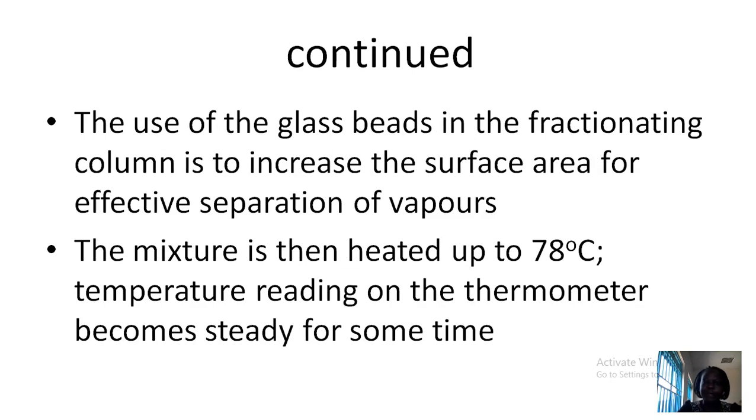The use of the glass beads in the fractionating column is to increase the surface area for the effective separation of the vapors. The mixture is also heated up to 78 degrees Celsius. That is the temperature reading on the thermometer, until it becomes steady for some time.